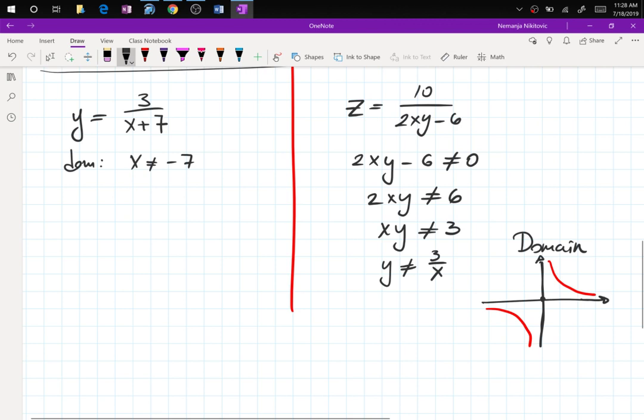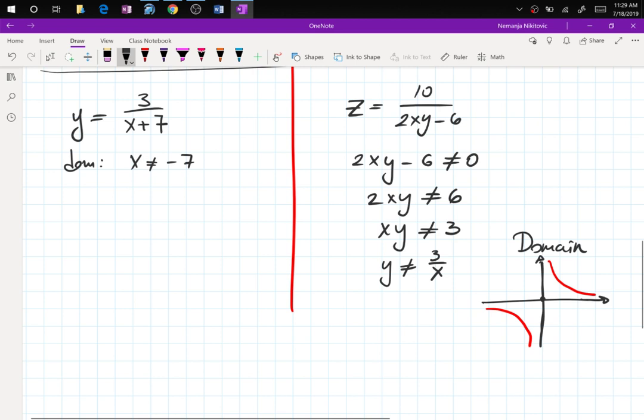So when you are solving the domain for 3D functions, you keep the same rules and the same logic as when you are solving them for your two-dimensional functions. You always keep asking yourself what you are allowed or not allowed to use. The new feature is that you can have a function telling you what you are allowed or not allowed to use. So in this case, this is the rational function equivalent. We solved it the same way.